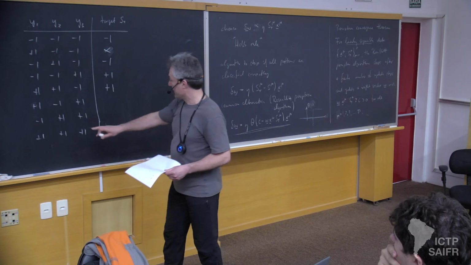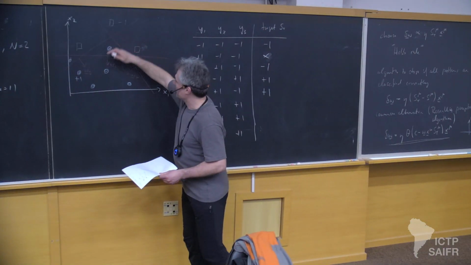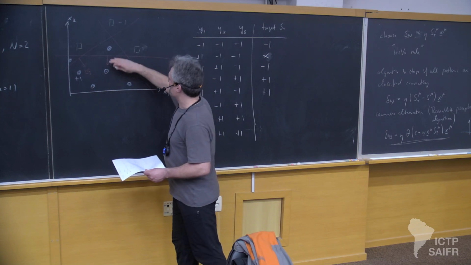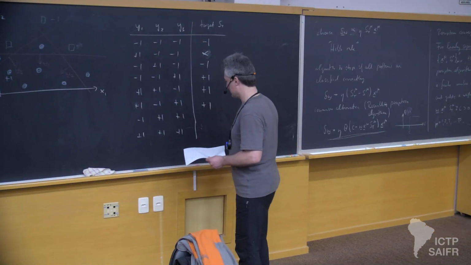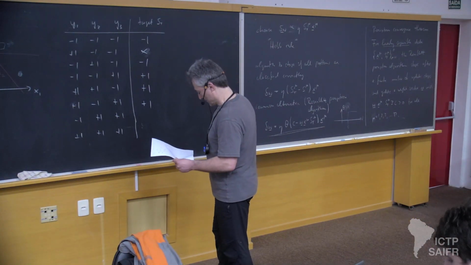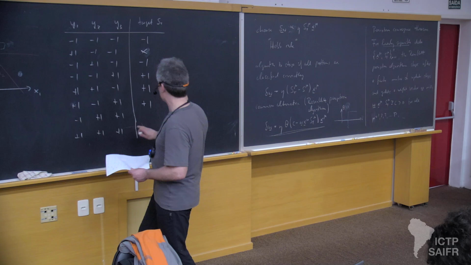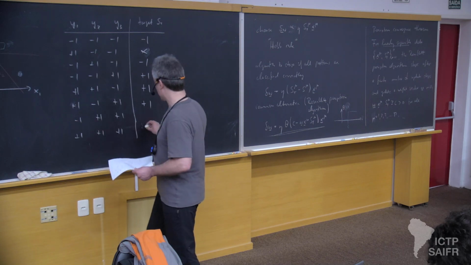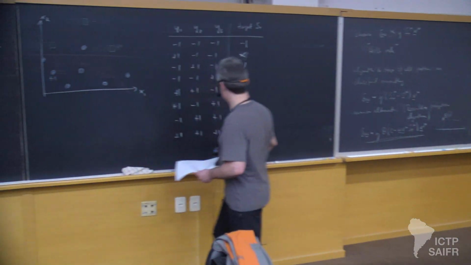And then -1, +1, +1, it's up here and down here. So it's this one, it's also +1. And -1, +1, +1 is also +1. And the last one, all downs, +1 is also +1.